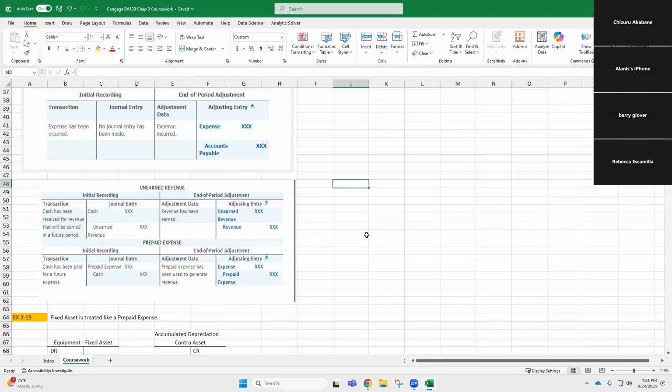Unearned revenue. So this is deferred revenue. We're going to wait to recognize the revenue, as opposed to going ahead and putting it in. Unearned revenue is a liability.